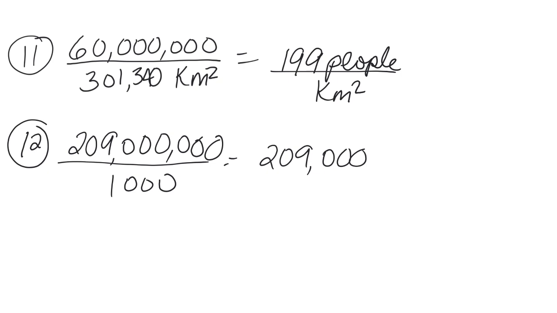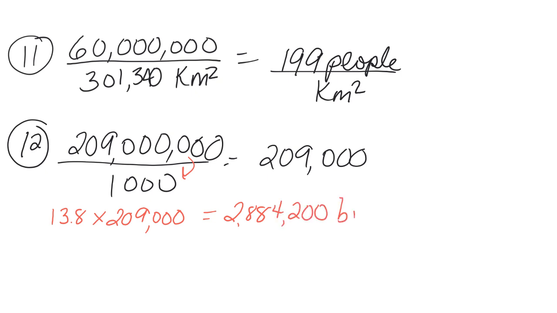So what we do is we take the birth rate, which is 13.8, and we're going to multiply that, because that's per thousand, by 209,000, because there's 209,000 thousands because we took the total population divided by 1,000. And we end up with 2,884,200 births.